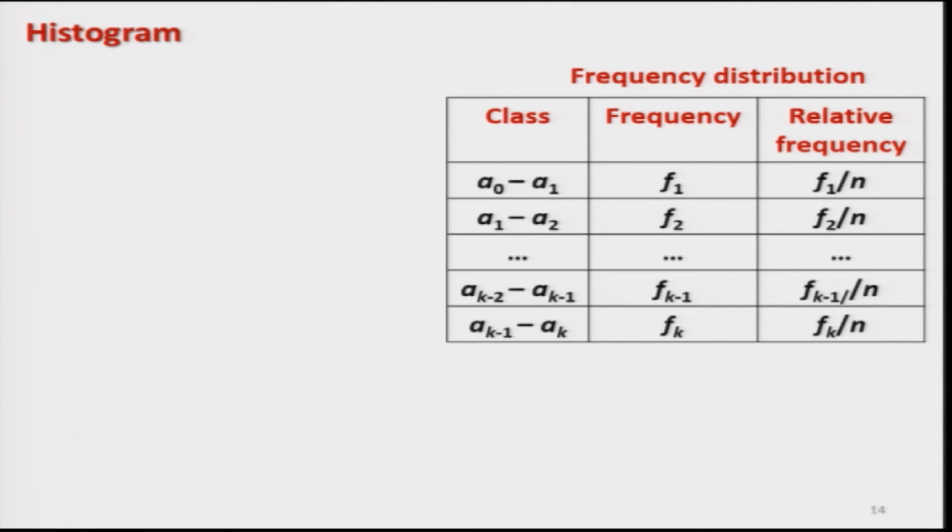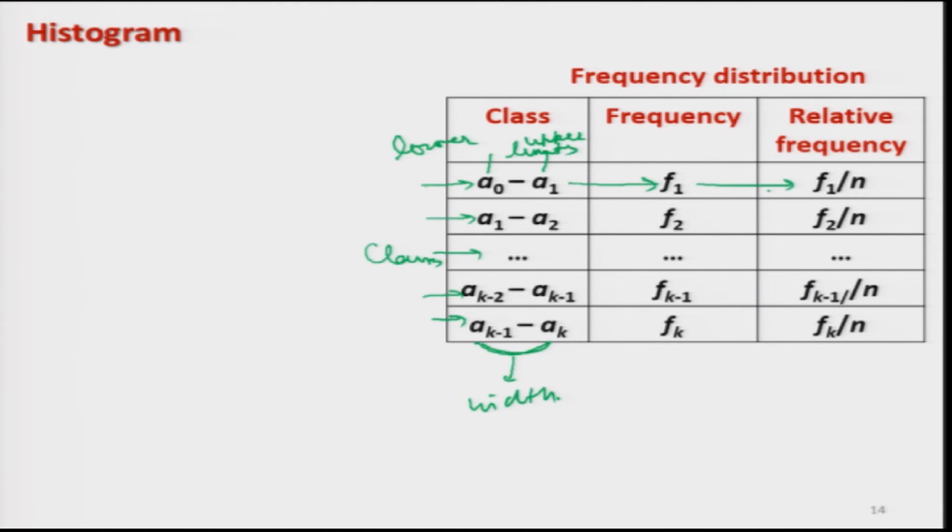You may recall that we had some continuous data, and we had discussed that this data is divided into different classes, and those classes have lower limits and upper limits, and this is called the class interval, and the size of the interval will provide us the width, and every class will have some frequency or relative frequency, which is the number of values belonging to that particular category.